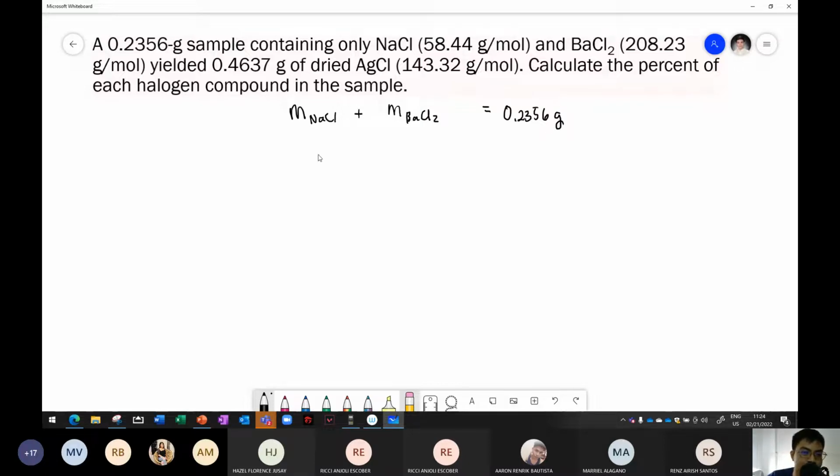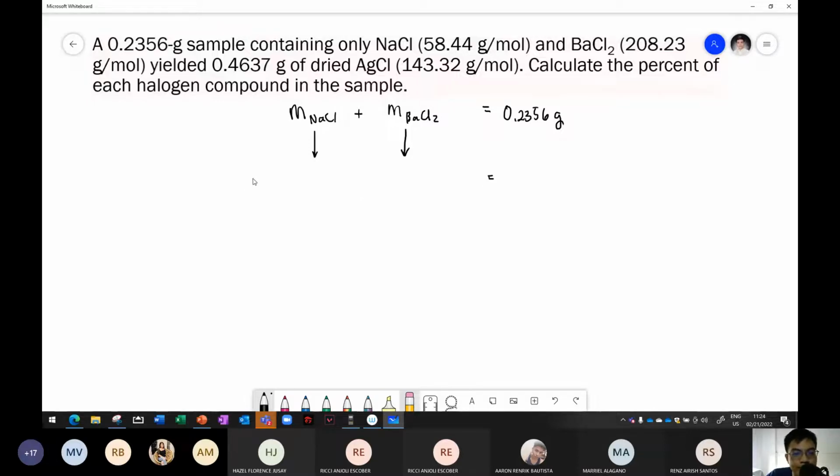After addition of silver nitrate, the masses of NaCl and barium chloride are all converted to AgCl.